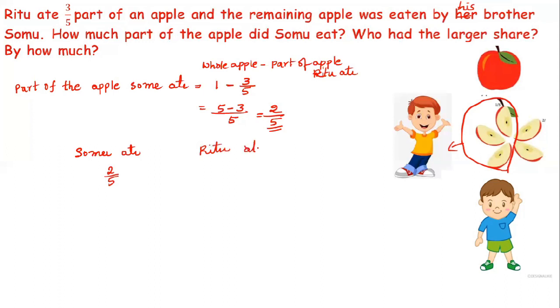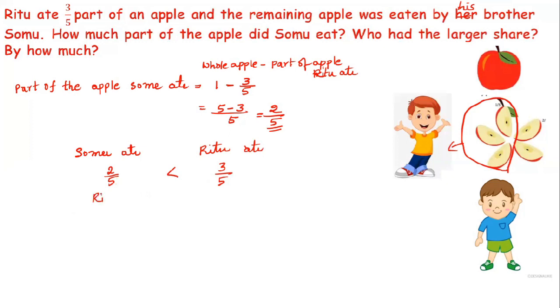Ritu ate 3 by 5. Who ate more? Compare now. Denominators are equal, so compare the numerators. 3 is greater than 2, so 3 by 5 is greater than 2 by 5.